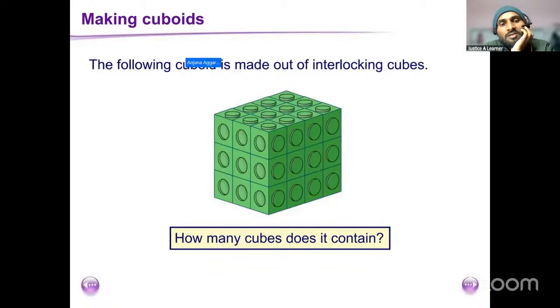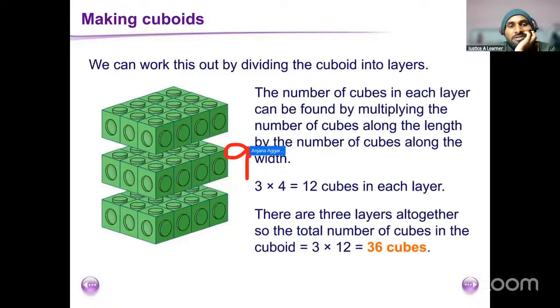So this side you see 9 cubes, and this side 12 and that side 12. How many cubes does it contain? So we will be talking about the cubes. Let us talk about it now. Understand the concept.